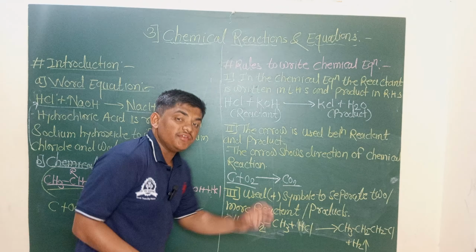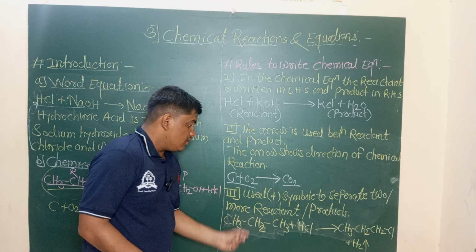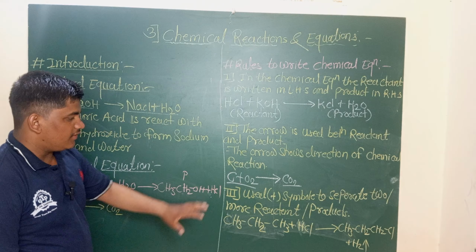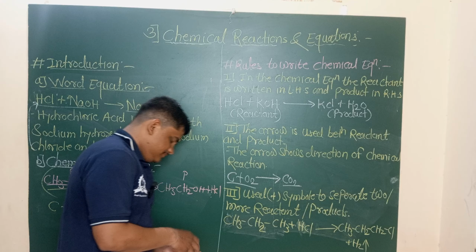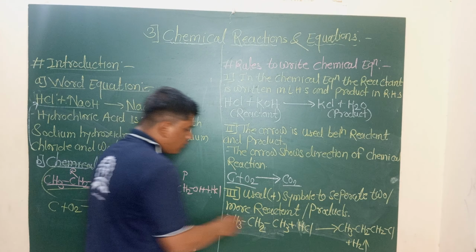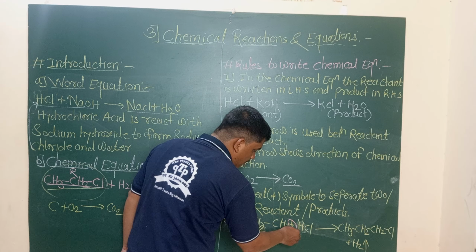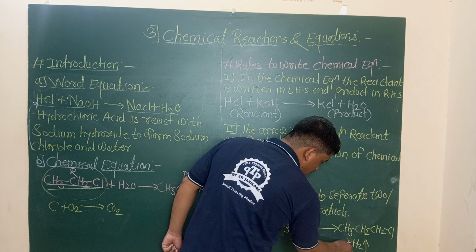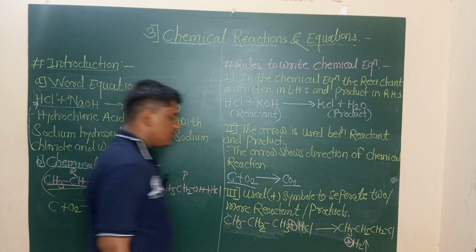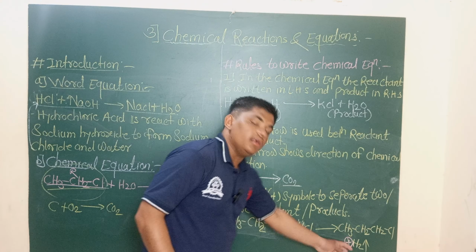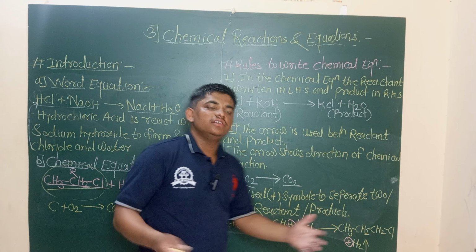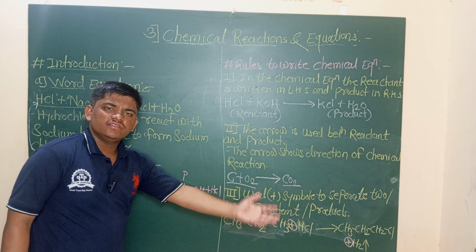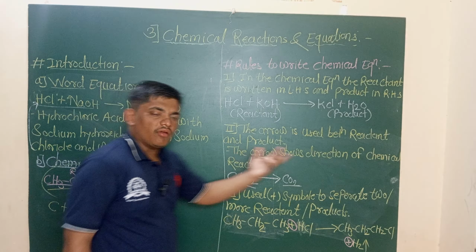In these reactions, we studied two different rules or methods. When we write two or more chemical compounds as reactants and products, we use the plus symbol between them to separate the number of reactants and the number of products.